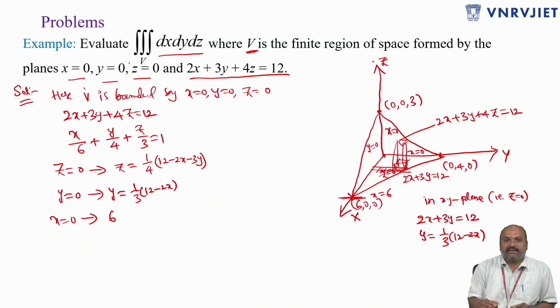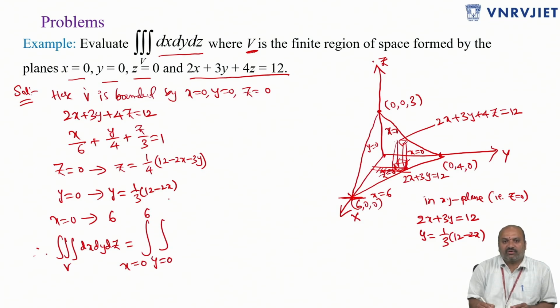Now this integral is equivalent to the triple integral over V of dx dy dz, which is the integral with x from 0 to 6, y from 0 to 1 by 3 times 12 minus 2x, and z from 0 to 1 by 4 times 12 minus 2x minus 3y.